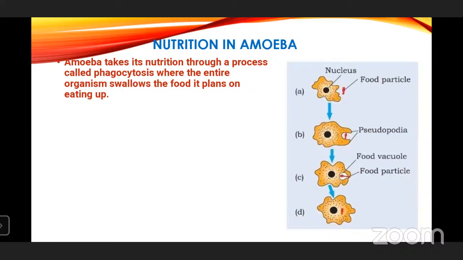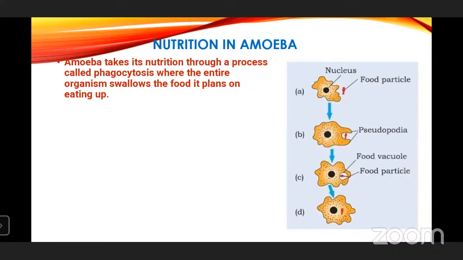And acquiring their food in different ways. So we have already studied organisms that can capture light to produce their food. These are autotrophic in nature, but these are heterotrophic in nature.